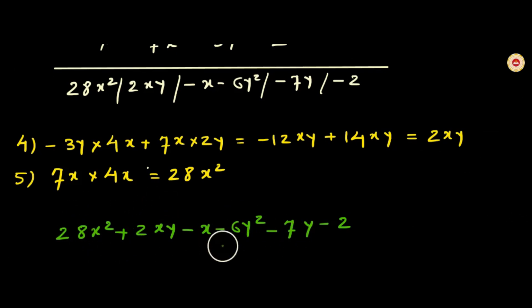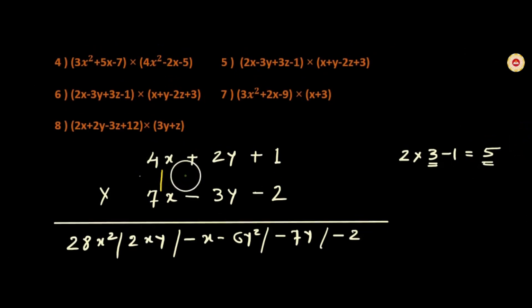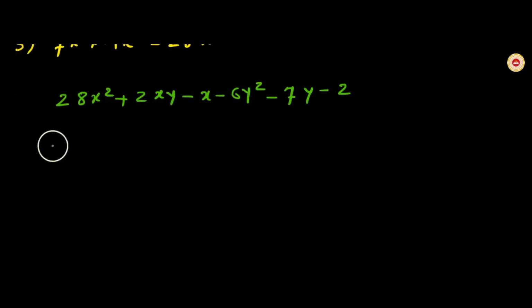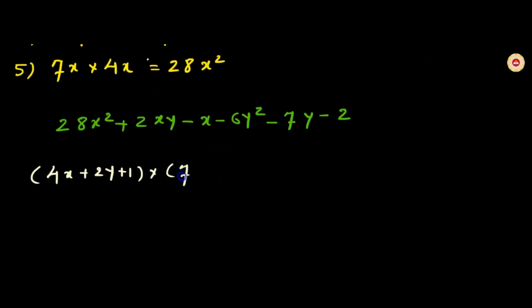We can verify this answer by applying the sutra Gunita Samuchchayah, Samuchchaya Gunitah. Now you know well how to apply the sutra. What is the multiplicand and what is the multiplier? 4x plus 2y plus 1 multiplied by 7x minus 3y minus 2 is equal to, what is the answer?